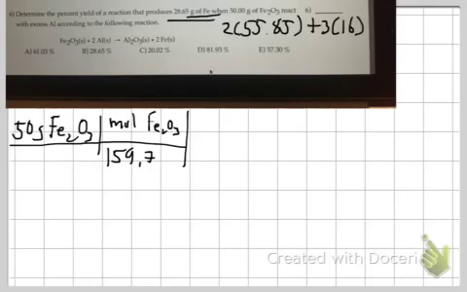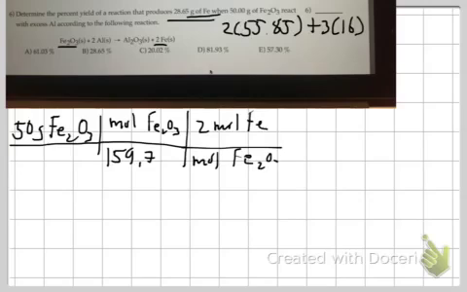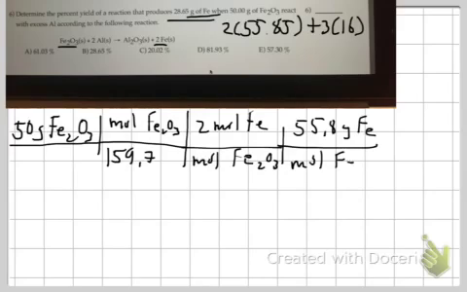And then there are 2 moles iron per mole Fe2O3, and then 55.8 grams iron per mole iron.